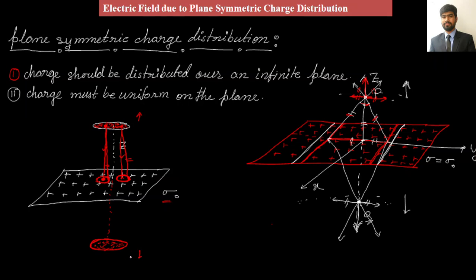But in order to calculate an electric field using Gauss law, we need a closed surface. But these two loops are actually open surfaces. So for a closed surface, what we can do is simply connect these two loops like this.